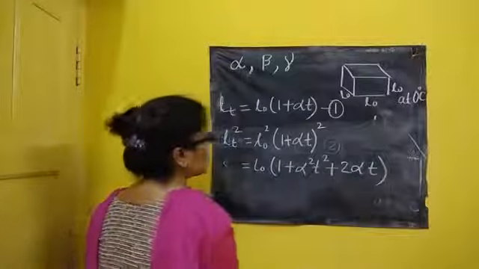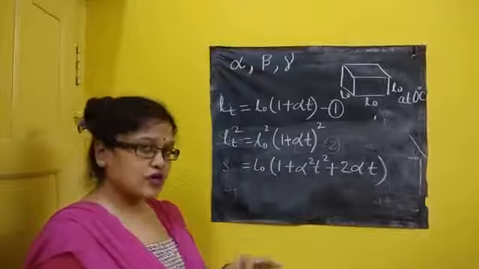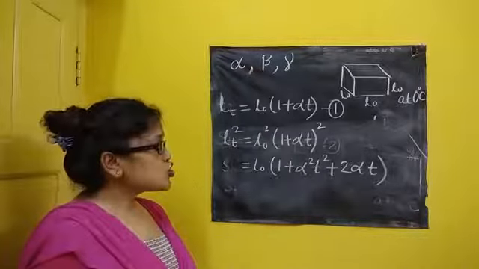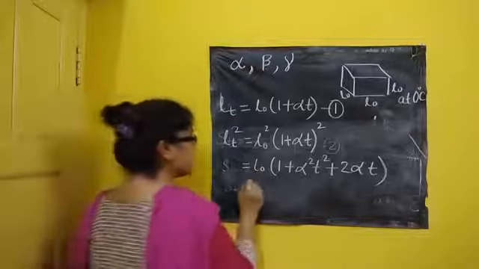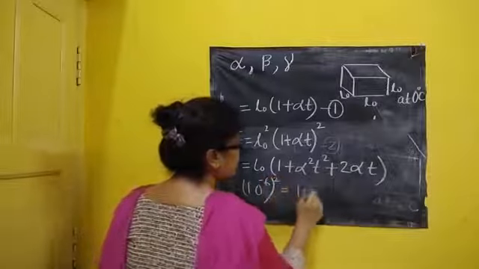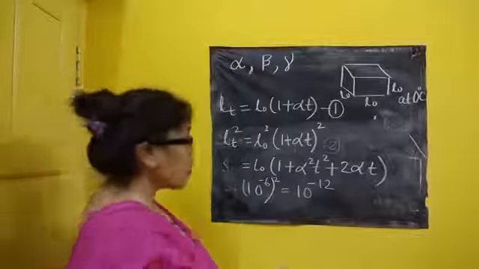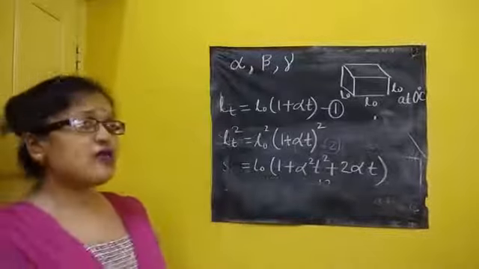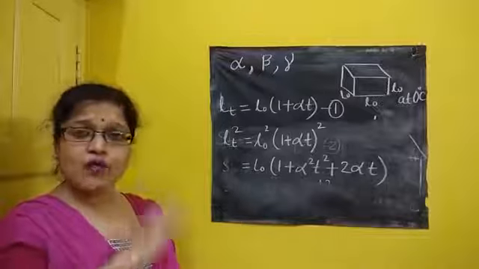Now it is seen that alpha's value is very small, nearly 10 to the power minus 6. If I square it, I get 10 to the power minus 12, which is even smaller and doesn't affect my normal calculation.